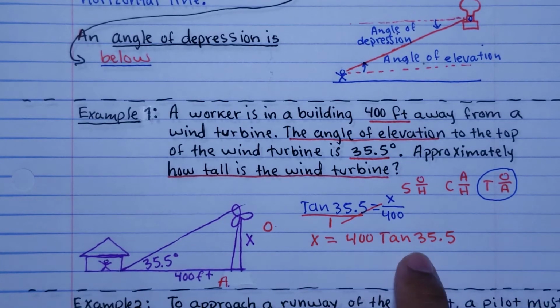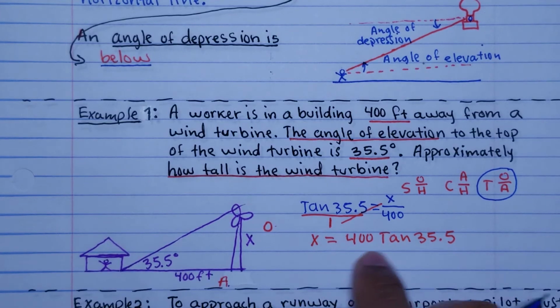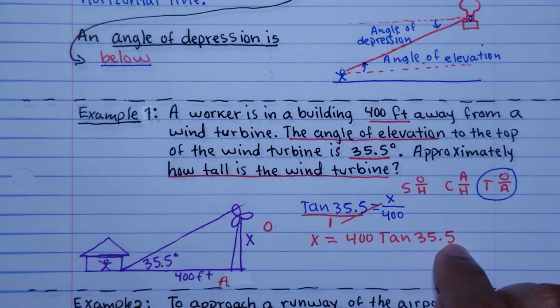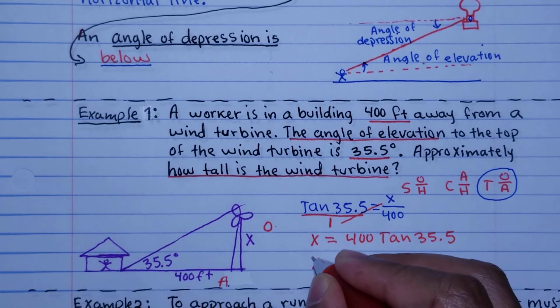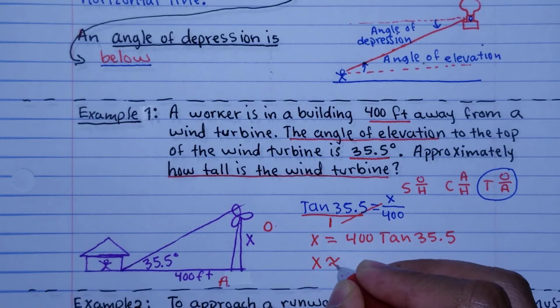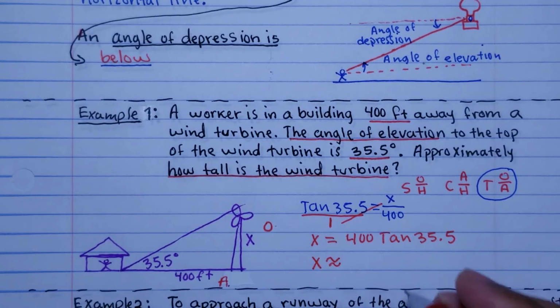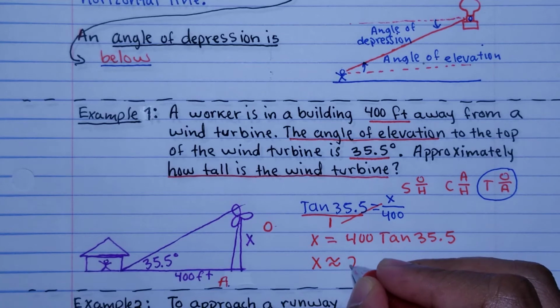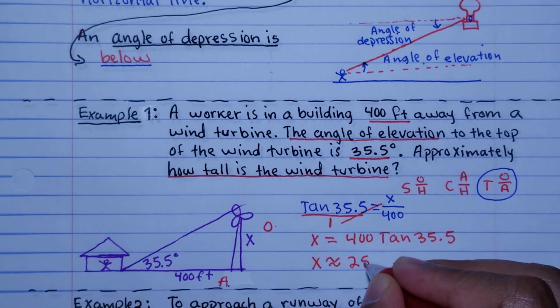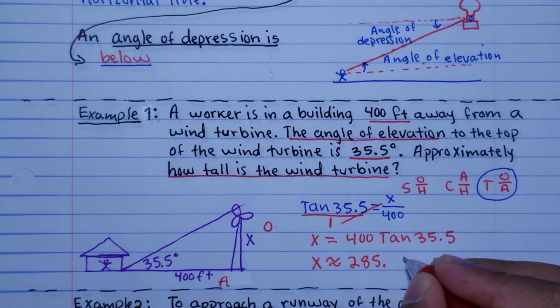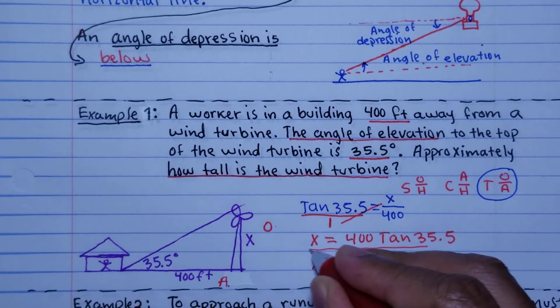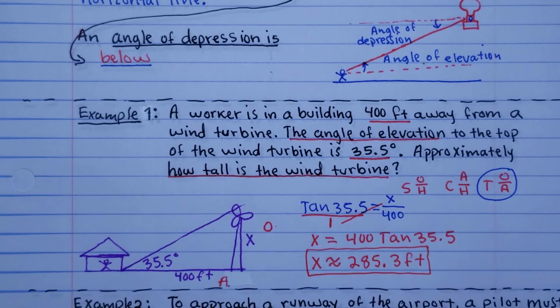Now, once I get to this part, I'm going to enter this on my phone calculator, and that's going to give me the answer to this problem. So once you do that, this gives you approximately 285.3 feet. Okay, so that will be the answer to this problem.